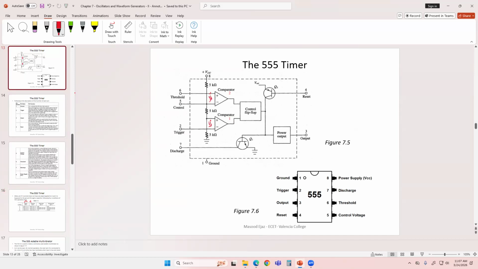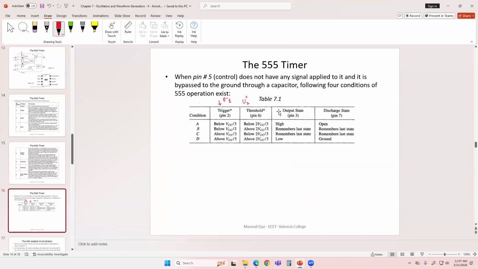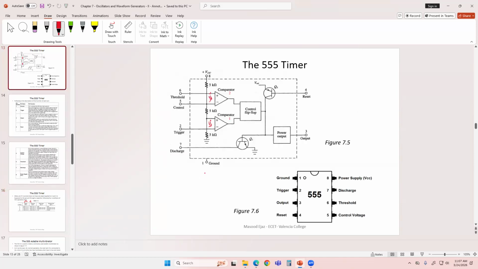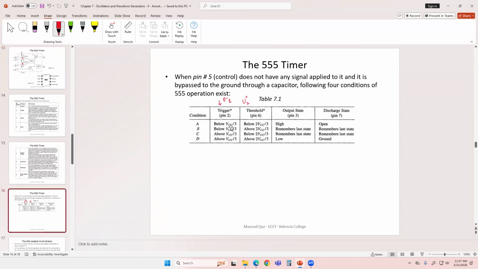If trigger is below VCC by 3 and your threshold is below 2 VCC by 3, the output state is going to be high, because you're going to have this comparator giving high, this comparator giving high, the flip-flop, whatever the internal circuitry, and the output is going to be a high state for this combination.